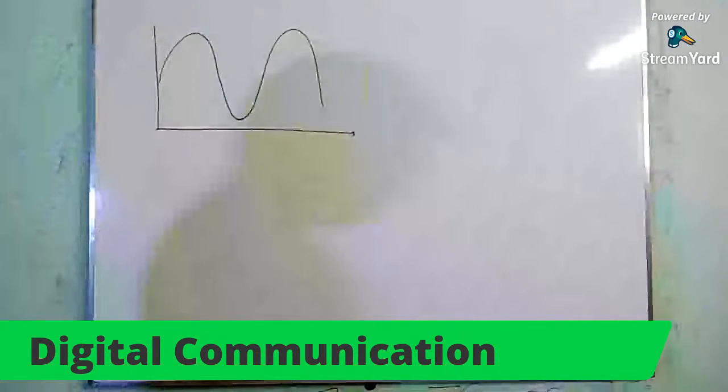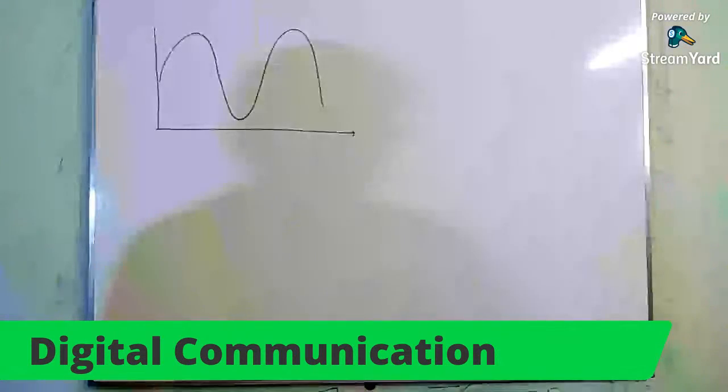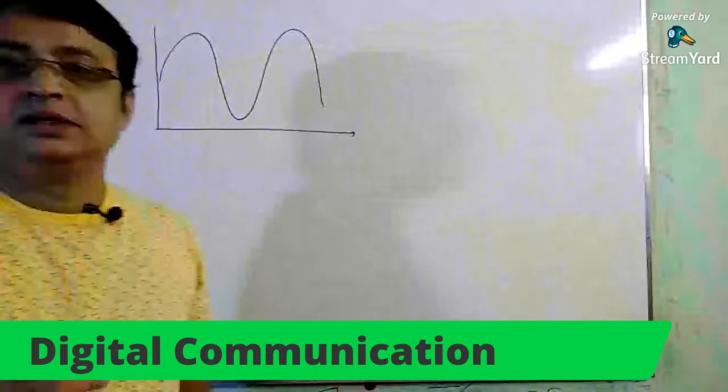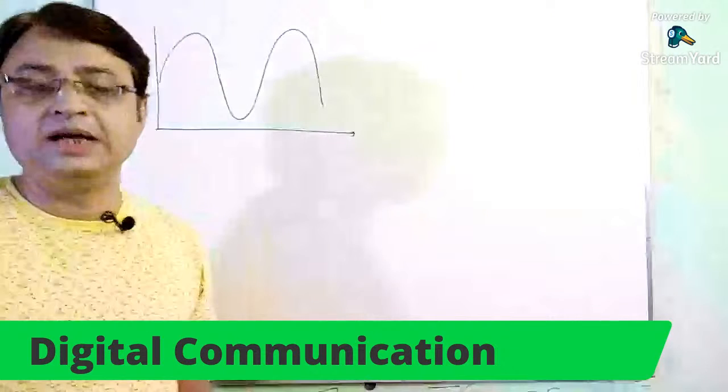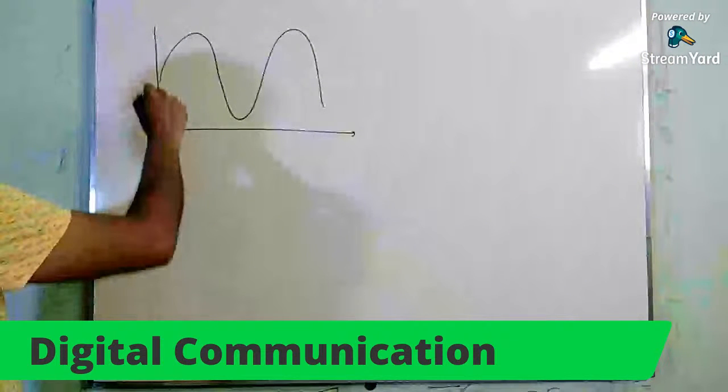As we know, for a digital signal we must have precise, definite, finite values, whereas for an analog signal the values are continuous in nature.